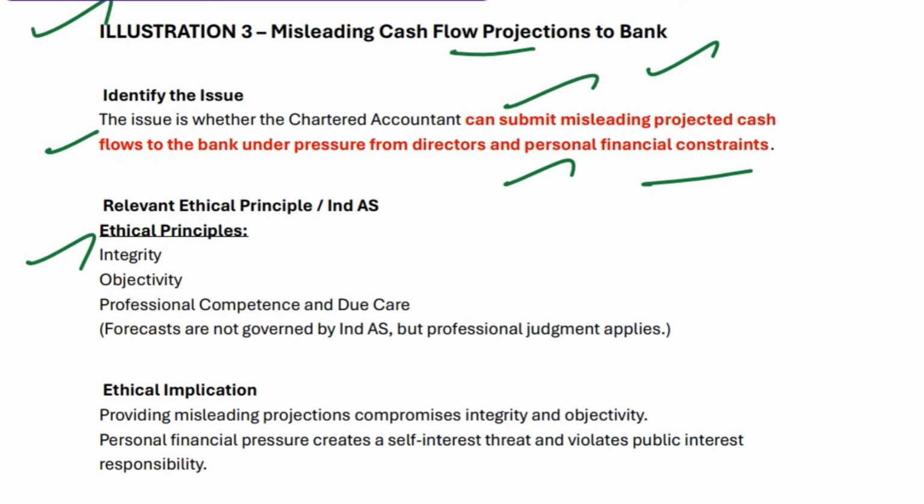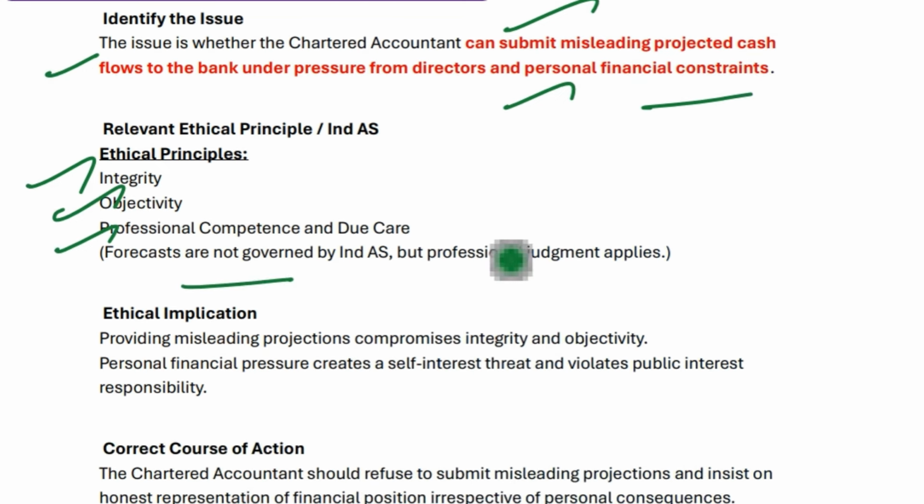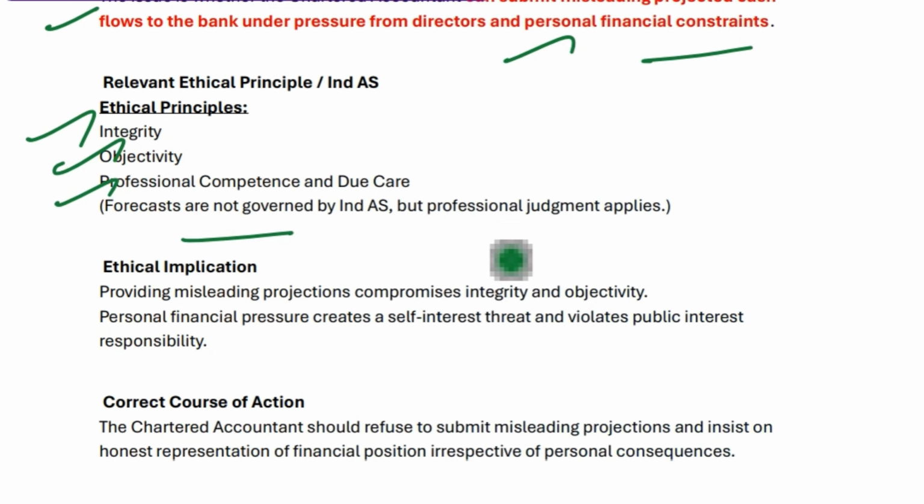So the ethical principles getting affected are your integrity, because you are not honest, and objectivity, you are being biased, and professional competence, you are not following the laws and regulations properly, you are not giving due respect to your profession. Okay, so these are the things you can add on here.